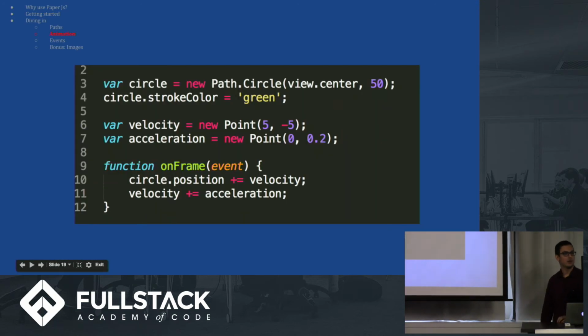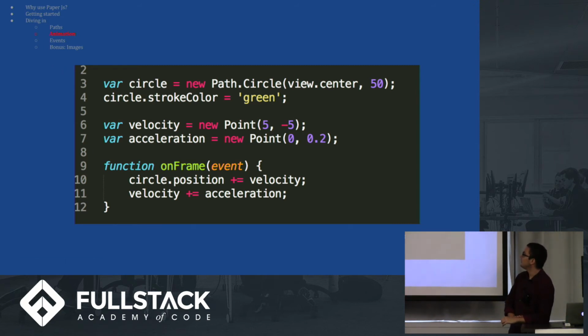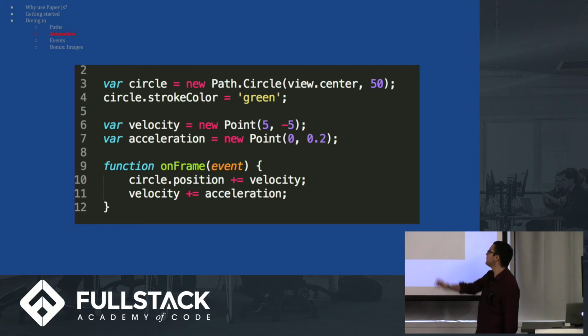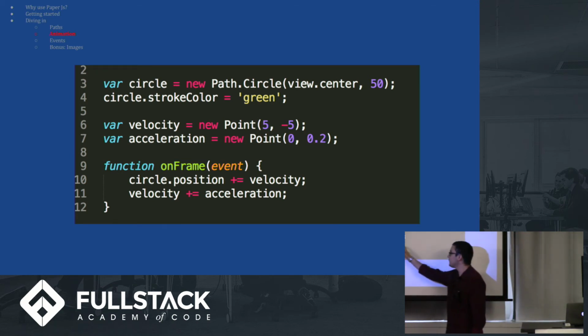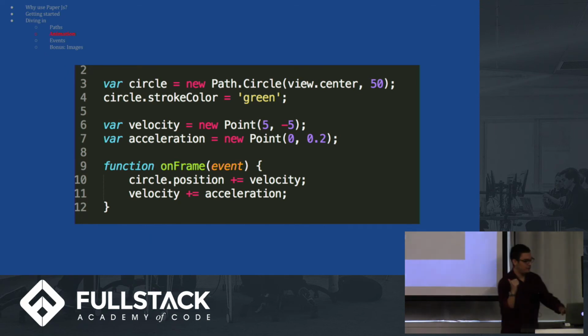So we're going to create a circle. We're going to give that circle a velocity, and we're going to define an acceleration. So we have some physics going on. 60 times a second, we're going to move the circle by the velocity, and then we're going to move the velocity by the acceleration. And I'll show you what happens.